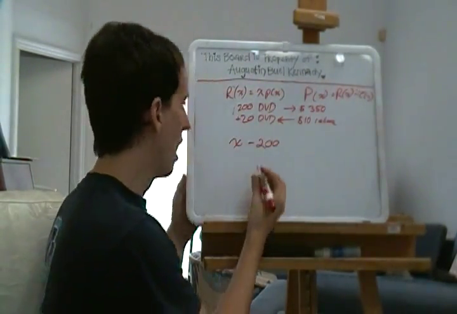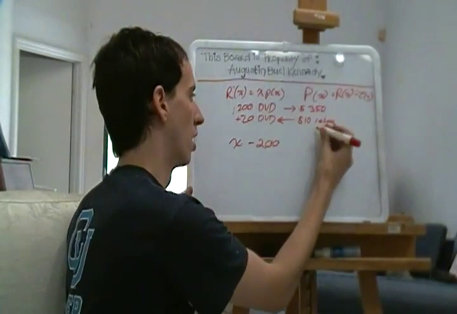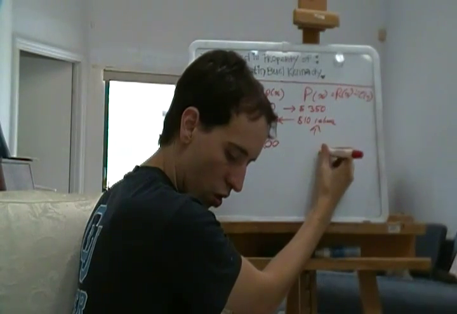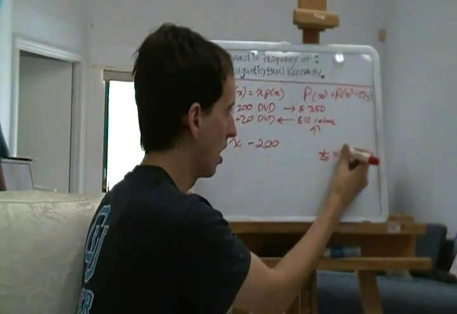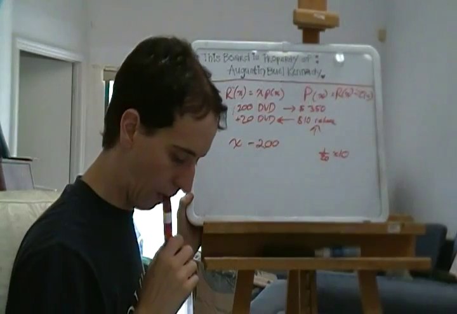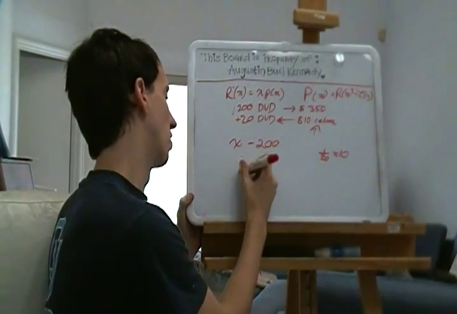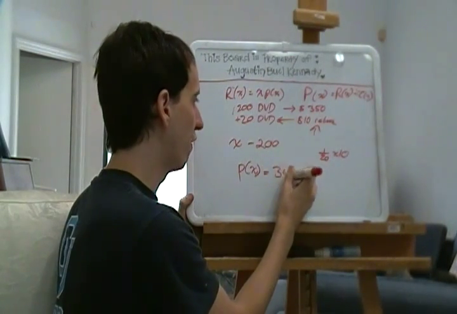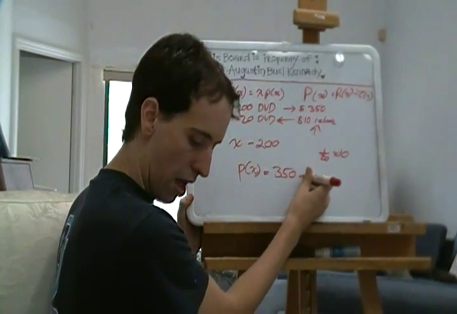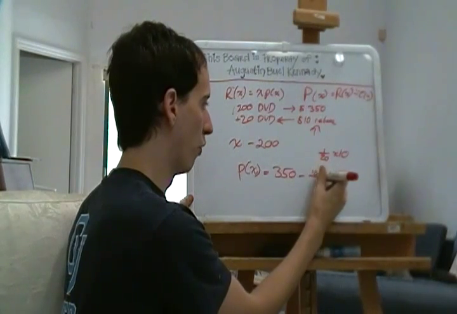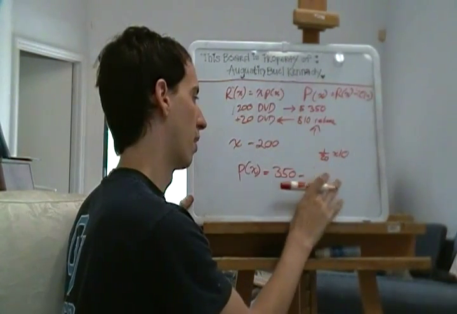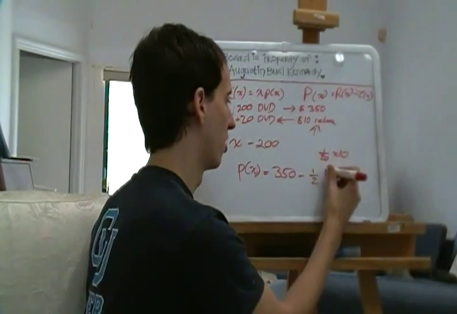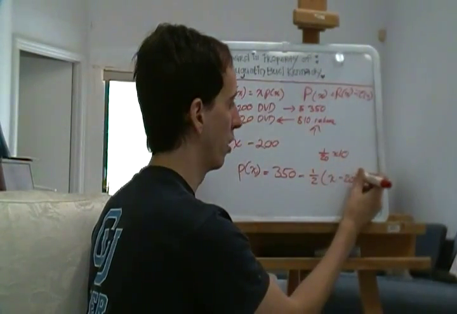So, each individual unit, we can write that as 10 over 20. So therefore, the demand function is P of x, little p, equals 350 minus 10 over 20, which is 1/2, times x minus 200.